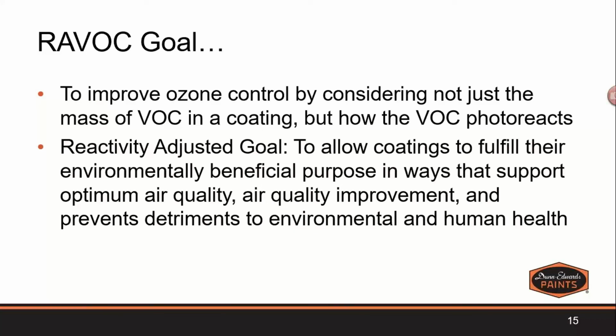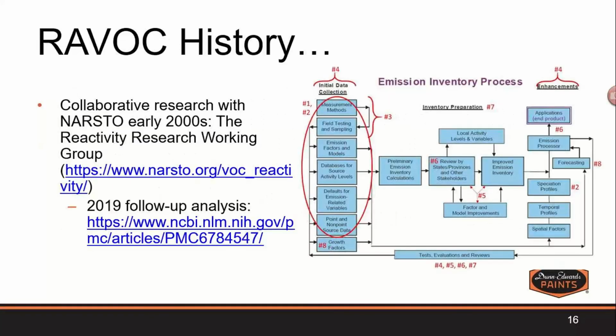So with the reactivity adjusted goal, this would be to allow coatings to fulfill their environmentally beneficial purpose in ways that support optimum air quality improvement, and prevent detriments to the environment and human health. Again, just taking into consideration that humans are meant to be in this environment and that we need to just do something a little bit better, a little bit smarter on how to actually preserve it.